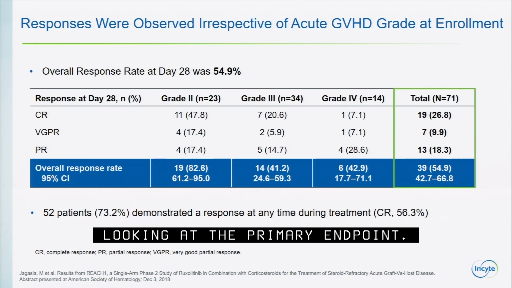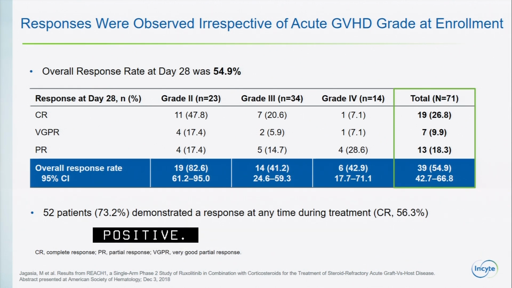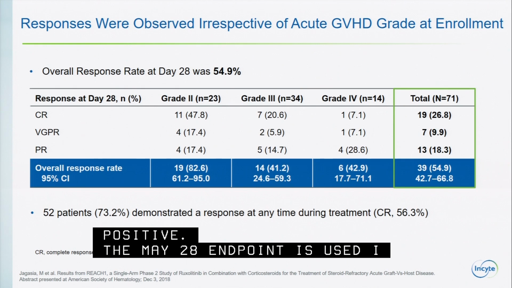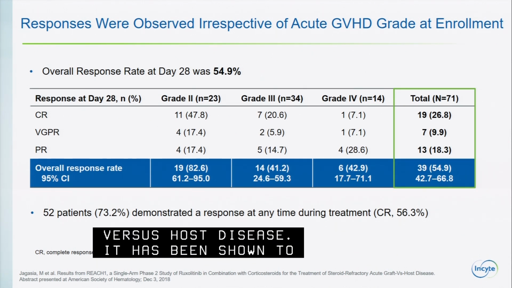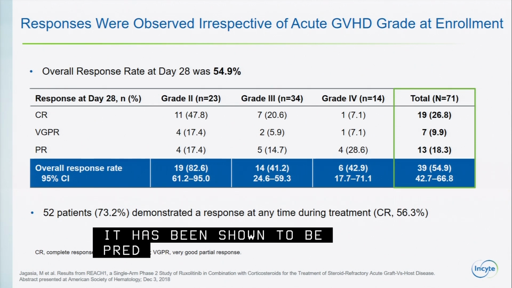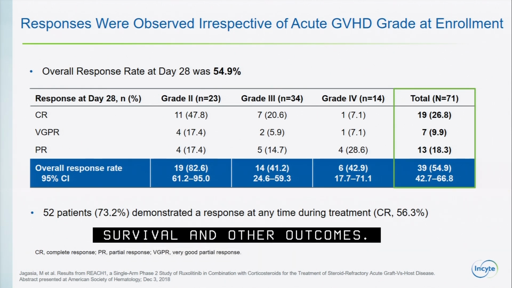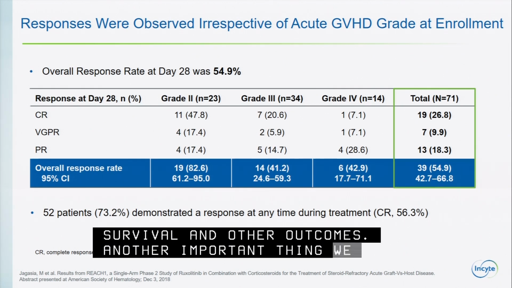The day 28 endpoint is used in many clinical trials in graft-versus-host disease because it's been shown to be a surrogate outcome for, or a predictive outcome, I should say, for long-term survival and other outcomes. Another important thing that we observed in the study was an overall response rate of 72.3%, which is quite notable.